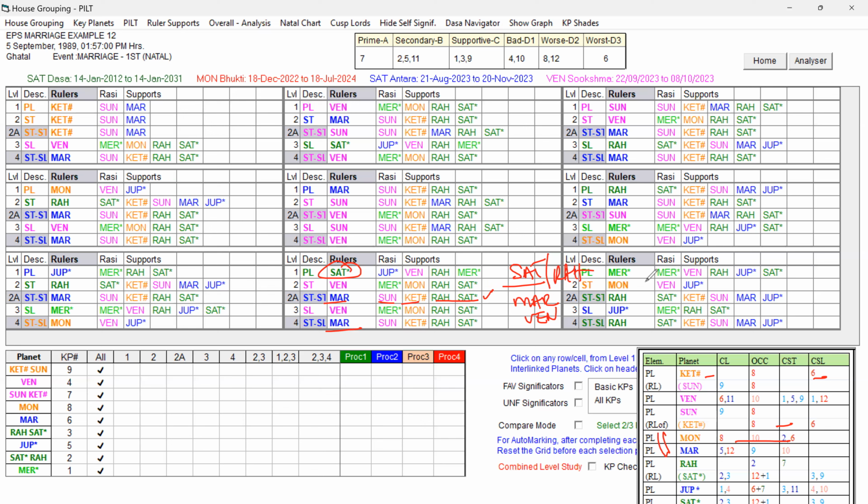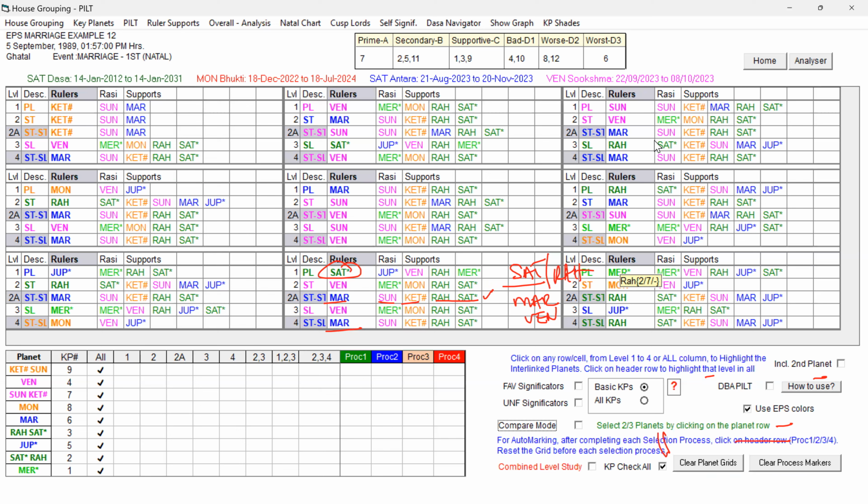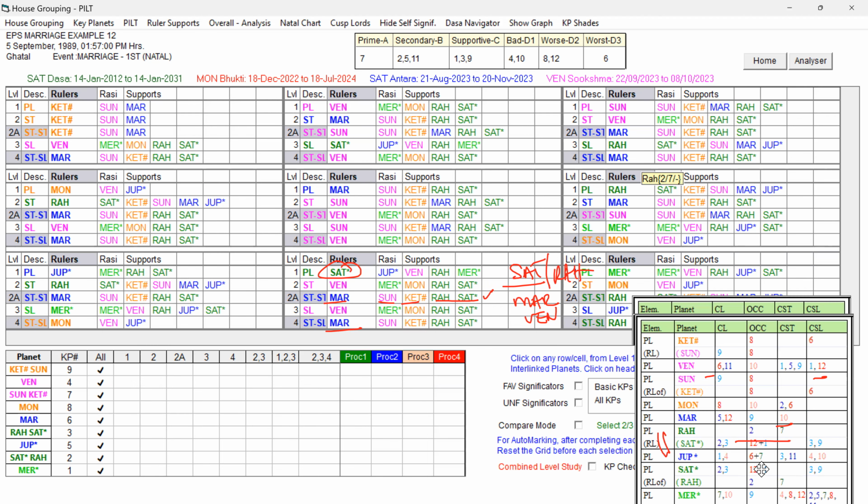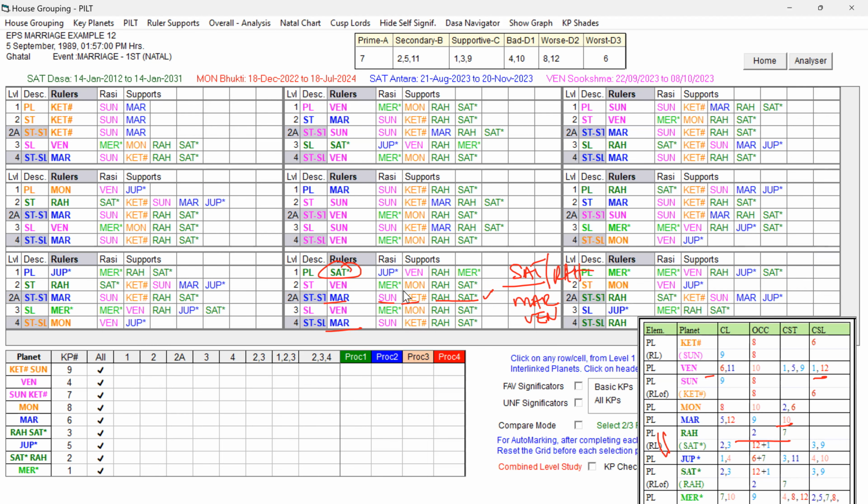And definitely Mercury in the star of Moon, Mercury itself is a primary cuspal sublord key planet, and in the star of Moon it is not very strong, so Mercury cannot support the marriage during its Bukti, right? It is also not having Venus and Mars in its rulers. Suppose the rulers are having other key planets, and the key planets of the Dasa Lord are present in the support of that Bukti Lord, it is enough.